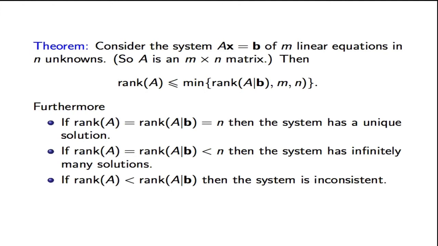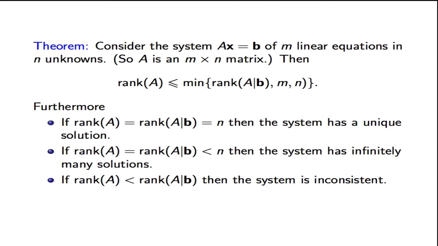Now our next theorem says the following. Suppose we have a system of m linear equations in n unknowns. So A is an m times n matrix. Then it tells us something about the rank of A. It tells us that it is less than or equal to each of these 3 numbers. It says that it's less than or equal to the rank of the augmented matrix. This is not difficult to see.